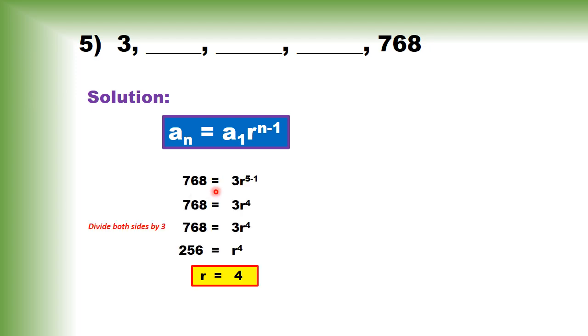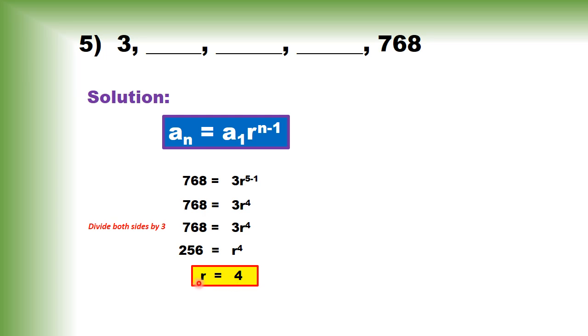So we have 768 equals 3 r to the power of 5 minus 1. Perform first the exponent. 5 minus 1 equals 4. And then divide both sides by 3. So we have 256 is equal to r to the fourth. And the fourth root of 256 is 4.